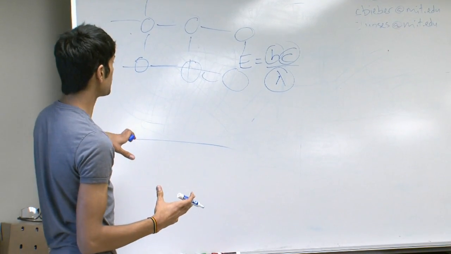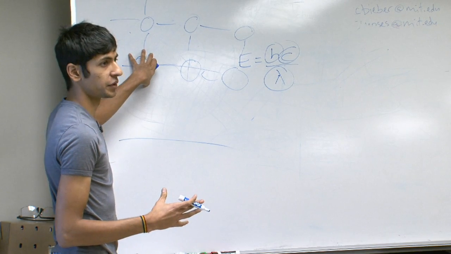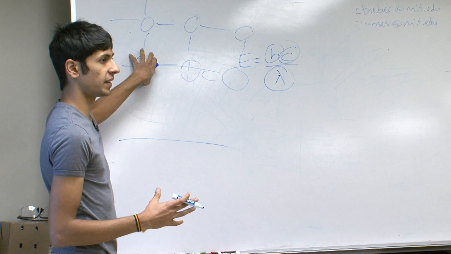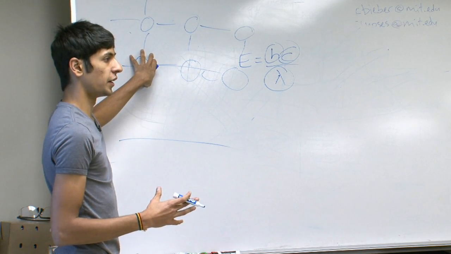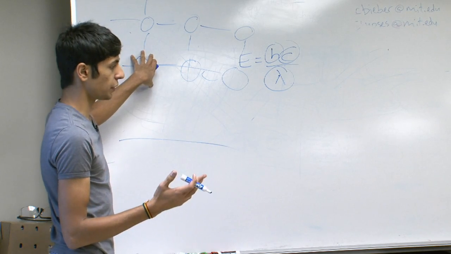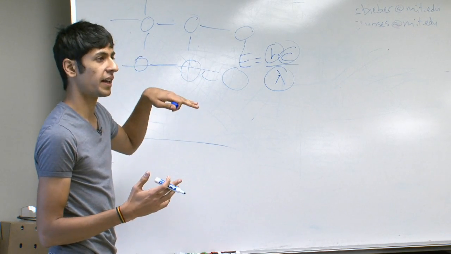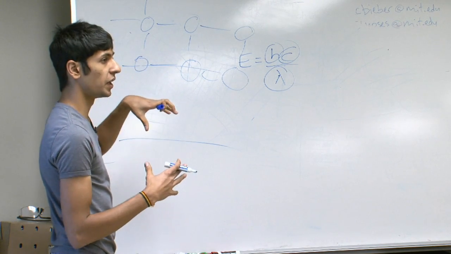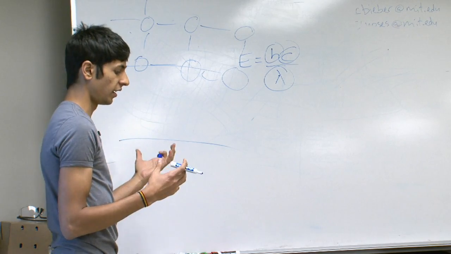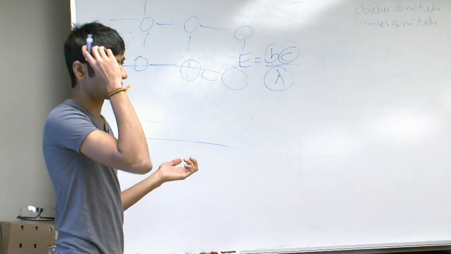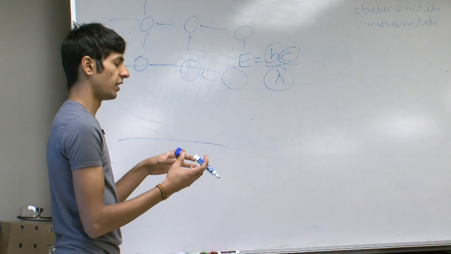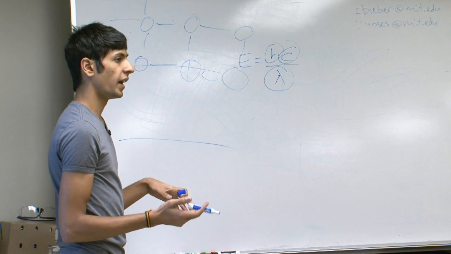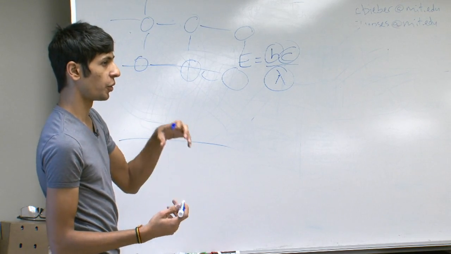They don't have free electrons right now, but you can get a free electron from them if you excite the electron with enough energy. If a photon comes in with the right amount of energy to excite a valence electron out of one of these bonds, the electron becomes excited, and you get an electron hole pair.